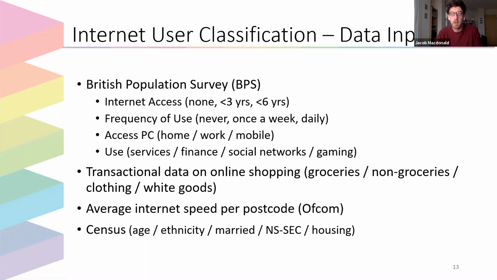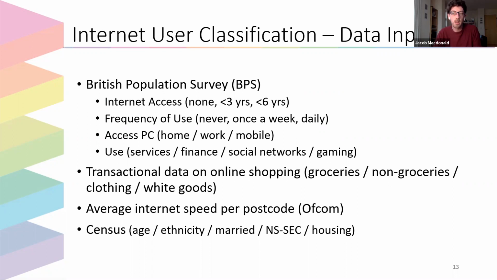We know the type of computers that the respondents have on average for that area. We have the frequency and the type, why they're using the internet. So we'll be able to tell whether it's primarily those working from home, using it frequently for accessing the internet, or whether it's more an older population using online shopping, or for a completely different aspect. That's going to come from the British Population Survey.